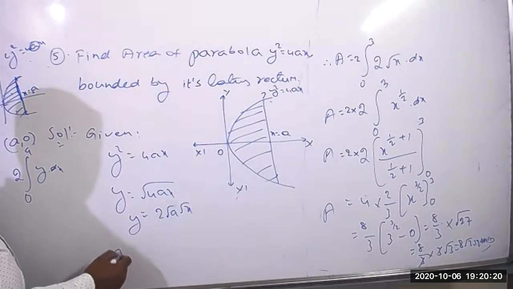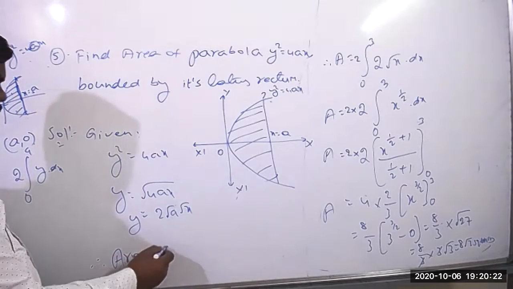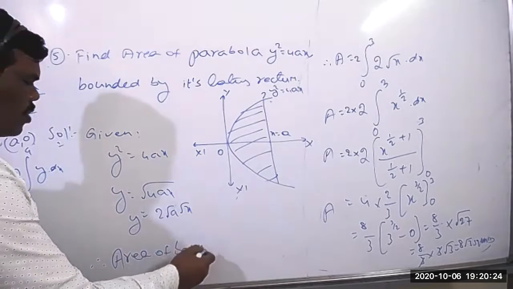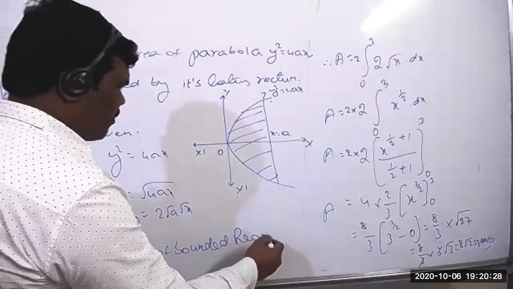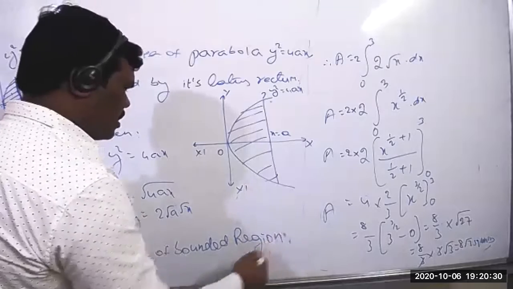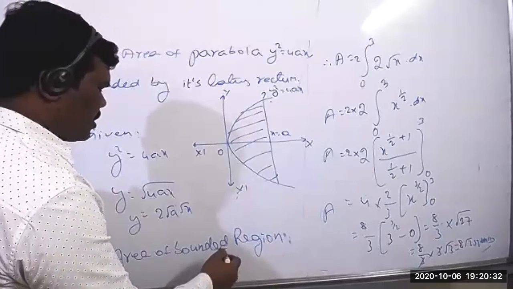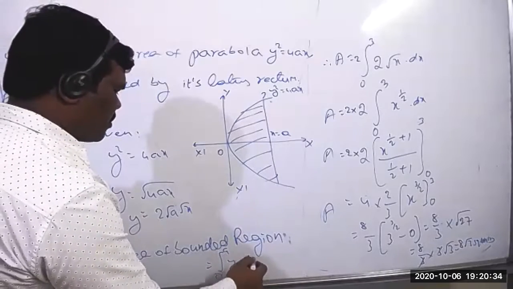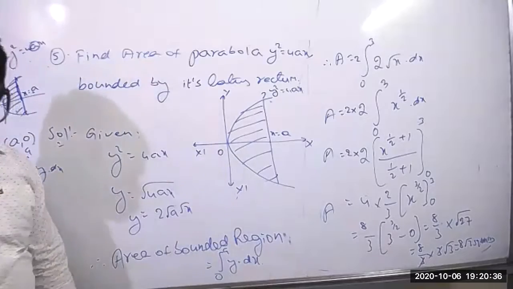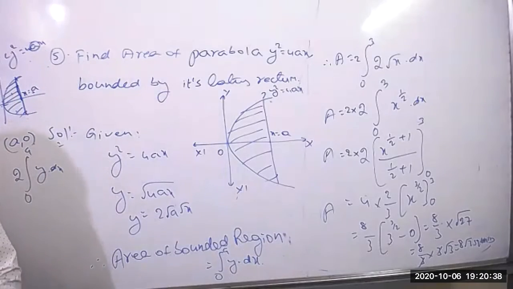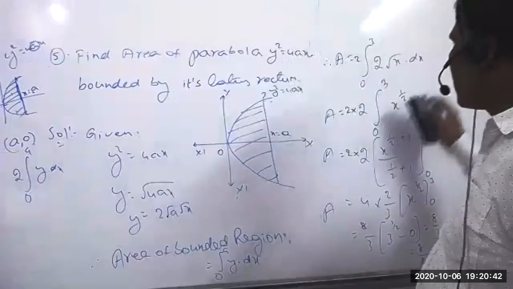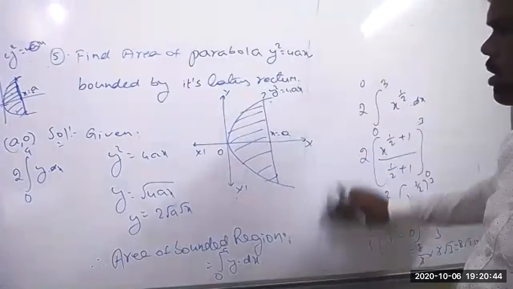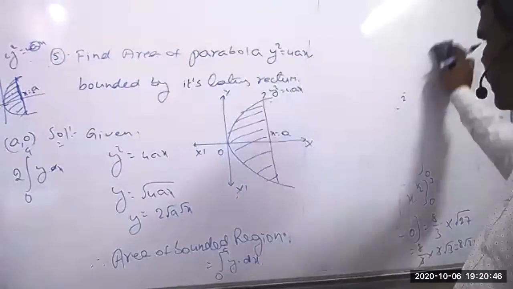Therefore, the area of the bounded region equals integration of 0 to a y into dx. Now we can find it. The value of y is, clearly, 2 into root a into root x.